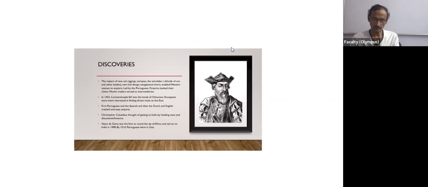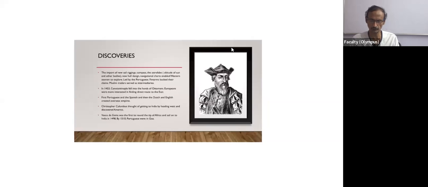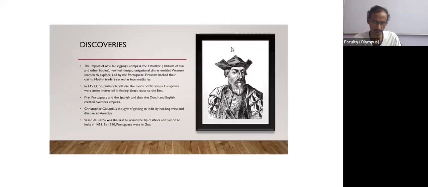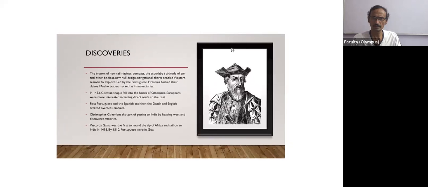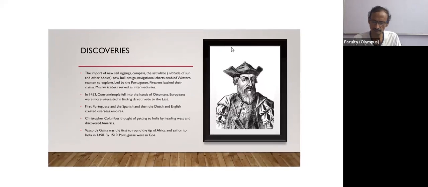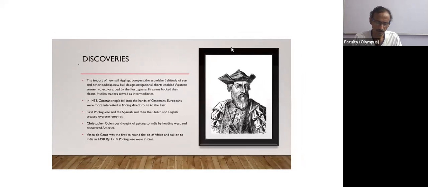It all started, going by the developments that happened much before the Industrial Revolution. You can say the modern world started with discoveries of new lands, as well as new routes to the old lands.